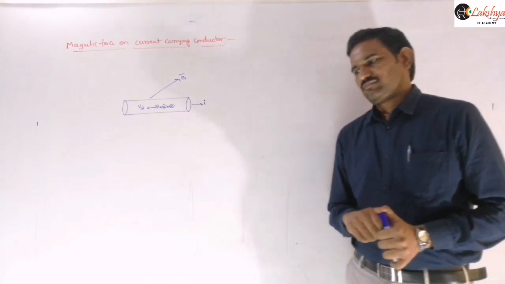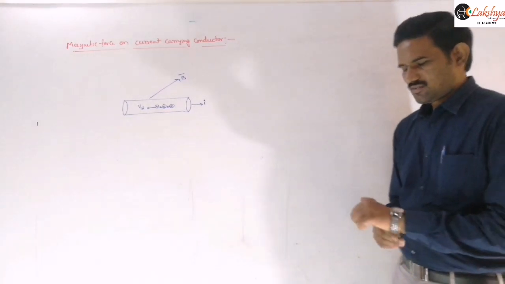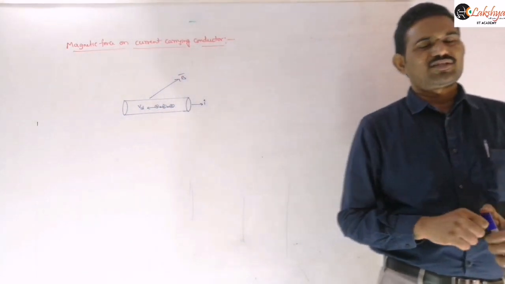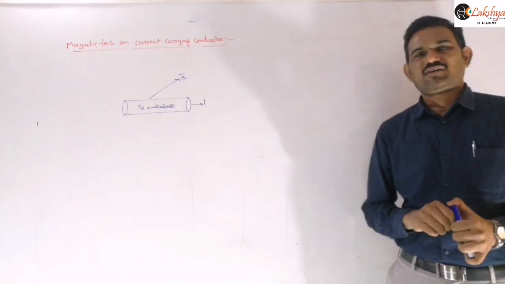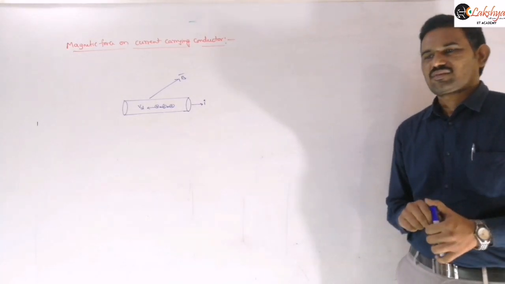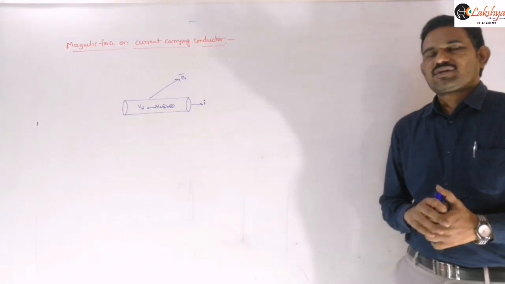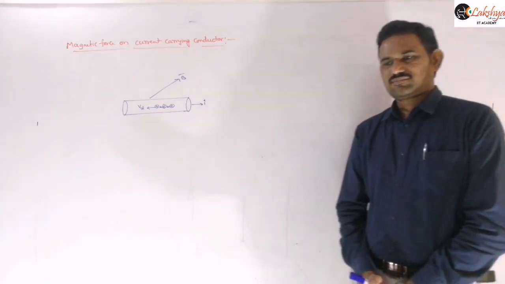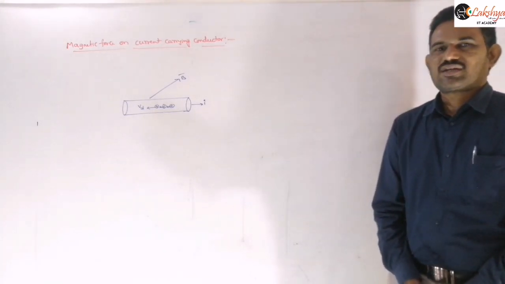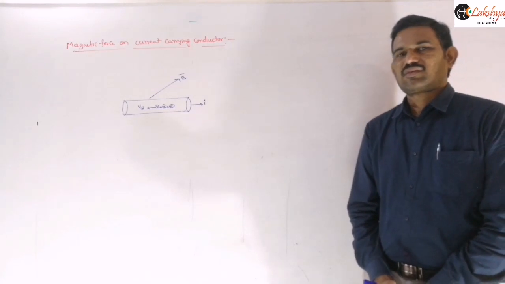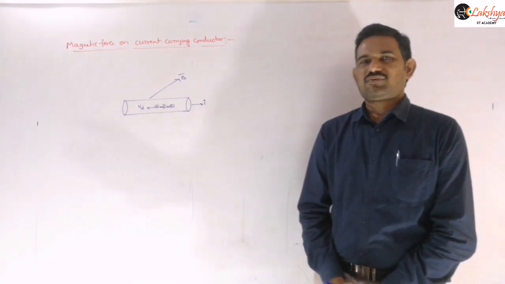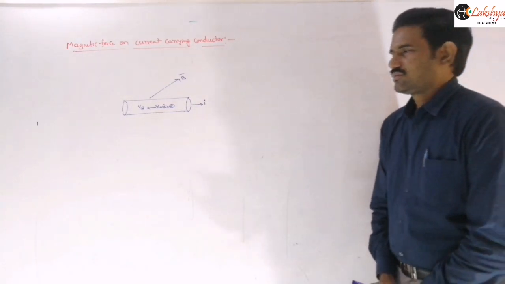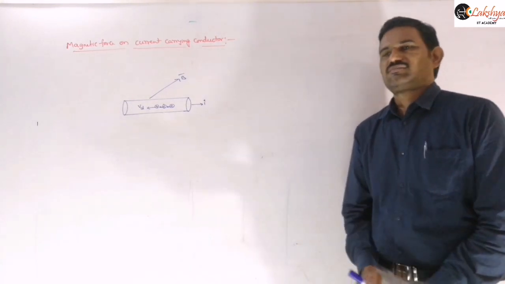We know that when a charged particle is moving through a magnetic field, it will experience some force. So the electrons flowing inside the conductor will experience some force, and that force will finally be transferred to the conductor.